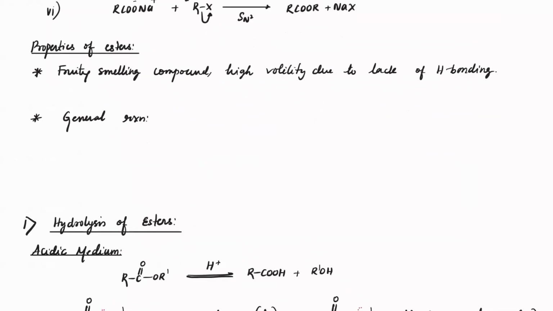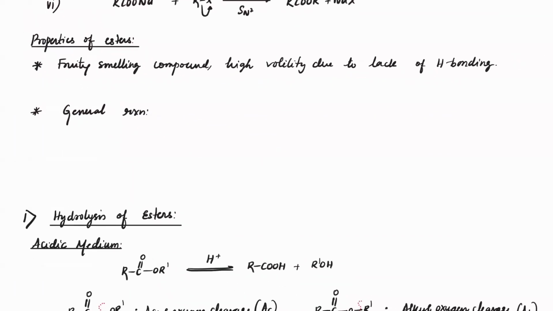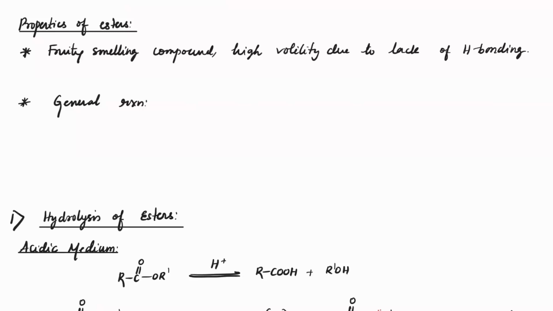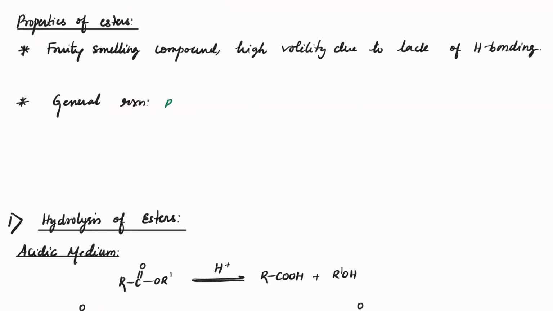Next, check out the properties of esters. Esters are generally fruity-smelling compounds. They have high volatility due to lack of hydrogen bonding. Now the general reaction of esters: esters usually give only one type of reaction, nucleophilic substitution, where you have O minus, and a nucleophile Z with a lone pair is connected here.